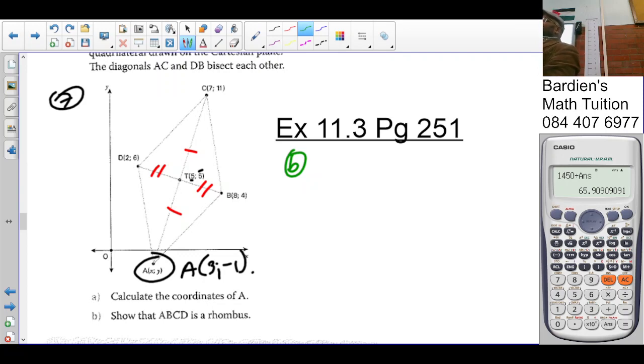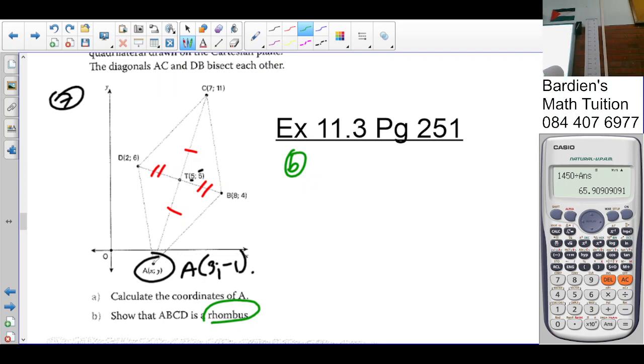So any of those four. At the least it would be a parallelogram. If they'd asked you to prove this is a parallelogram, that would have been enough. But they're saying a rhombus, which is a special parallelogram.